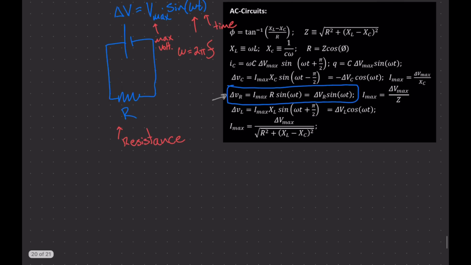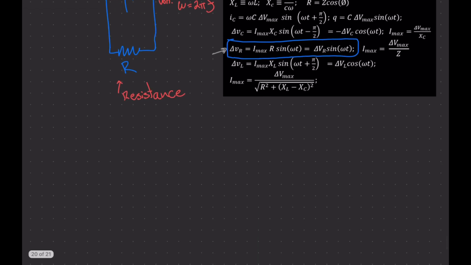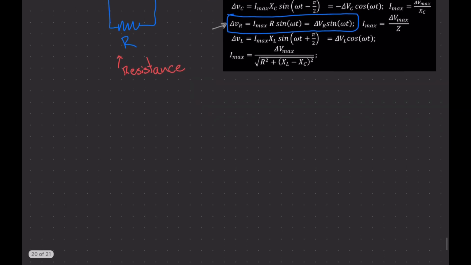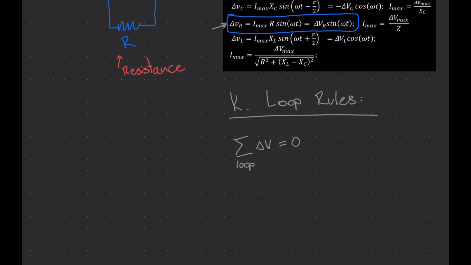So if you remember, in the first section on DC circuits, we learned about Kirchhoff's loop rules. I forgot how to spell his name, and I don't want to disrespect him, so I'm just going to write Kirchhoff. You basically have 2 rules. The sum across a loop of voltage drops is equal to 0, and the sum of currents at a junction is equal to 0.